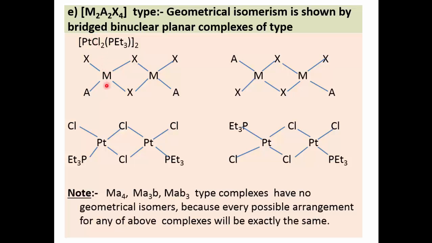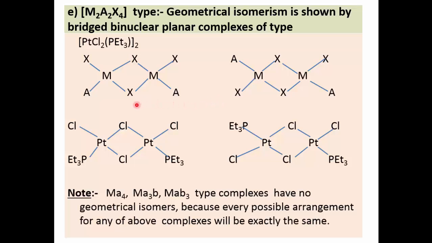So this is the structure of M2A2X4. There are 2 A ligands. So see these 2 A ligands and 4 halogen atoms. Similarly here in this structure 2 A ligands as well as 4 halogen ions are attached to these 2 metal ions. Which is cis, which is trans?